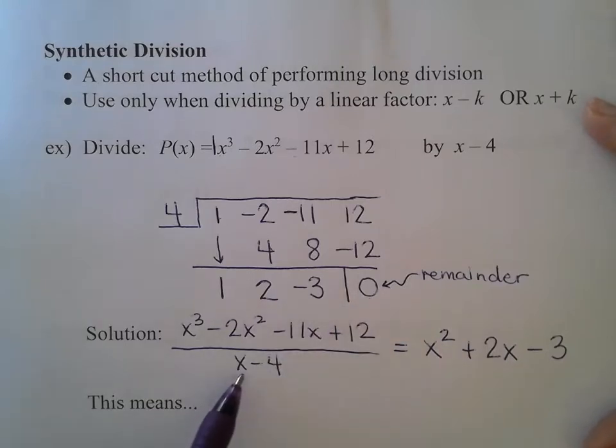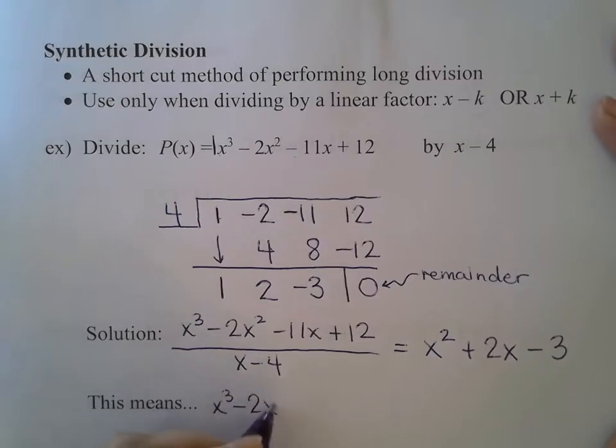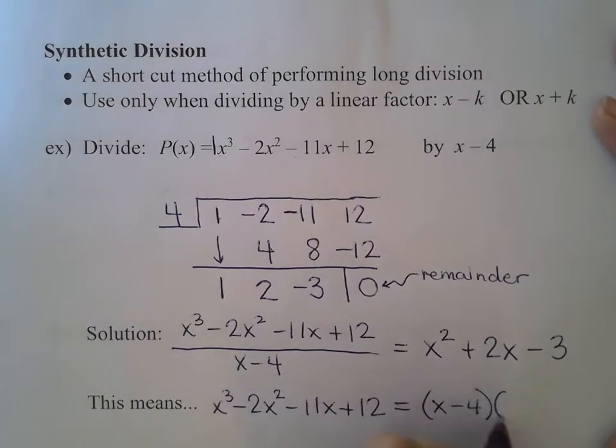This divides in evenly. If we had a remainder, we would add it over here, whatever we got as the remainder, over x minus 4. It didn't happen in this example. We'll do one like that in a second. If it goes in evenly, we can use that to help us factor our polynomial. So this polynomial is the same as x minus 4 times x squared plus 2x minus 3.